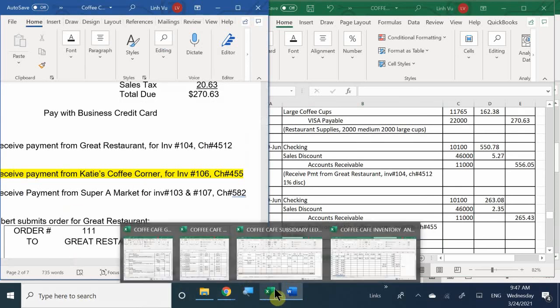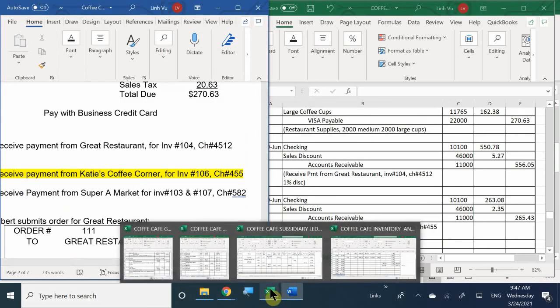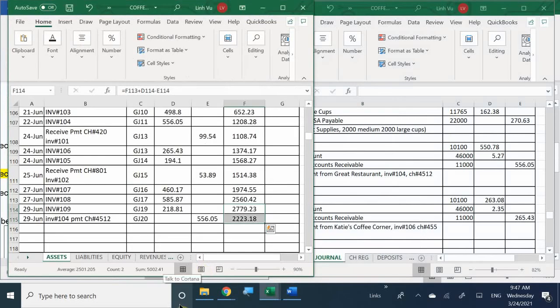Okay, so let's go ahead and go to our ledger. Okay, so here I am. I'm already in my accounts receivable. So might as well just go here in invoice number 106, payment check number 455.